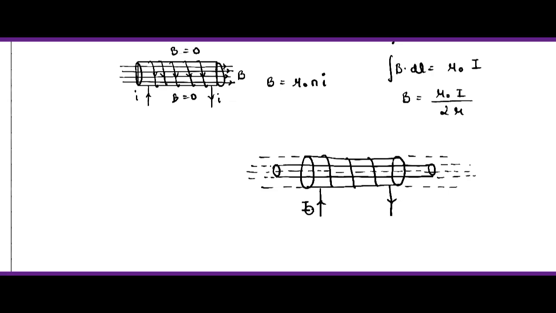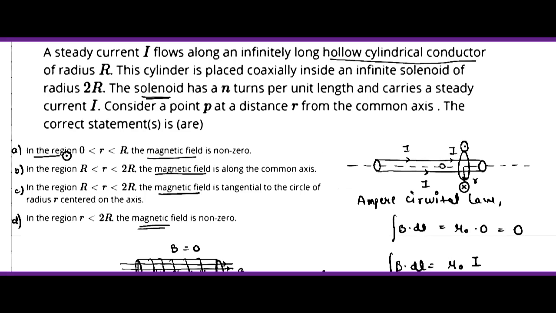Current I is flowing in the solenoid as well as in the hollow cylindrical conductor. We are given capital R as the radius of the hollow cylinder and 2R as the radius of the solenoid. Now in statement 1 we are given, in the region 0 to R less than capital R, the magnetic field is non-zero.